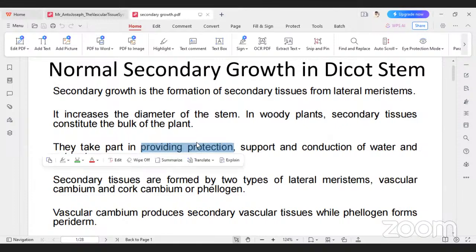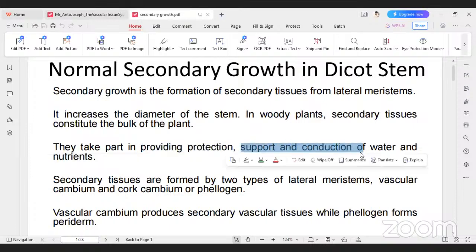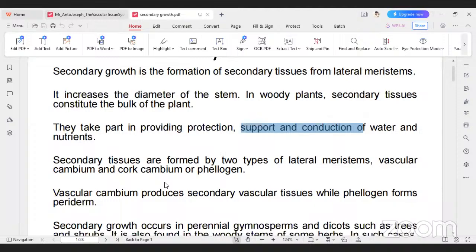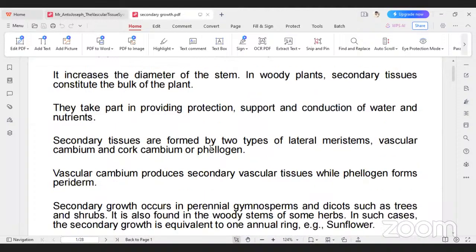As you said, after formation the bark gives protection. The secondary tissues also conduct water and food material. The secondary tissues are formed by two types of lateral meristems, vascular cambium and cork cambium or phellogen. I will explain clearly one by one. The vascular cambium produces secondary vascular tissues while the phellogen forms the periderm.